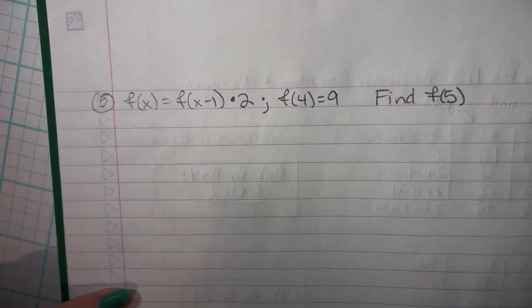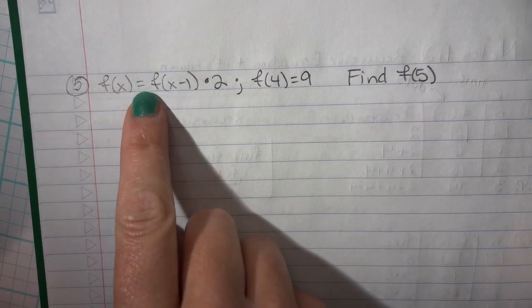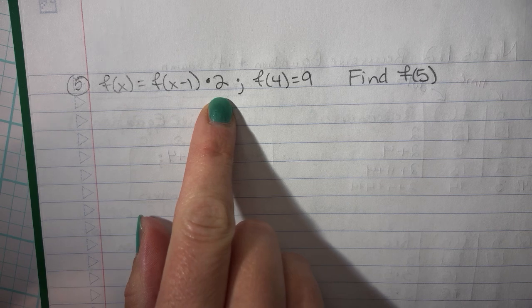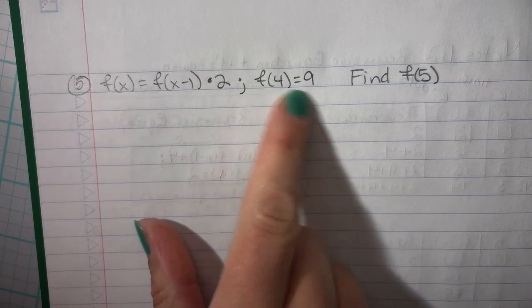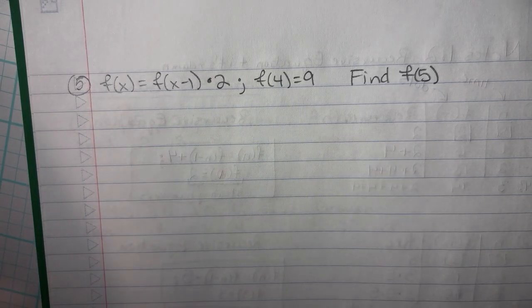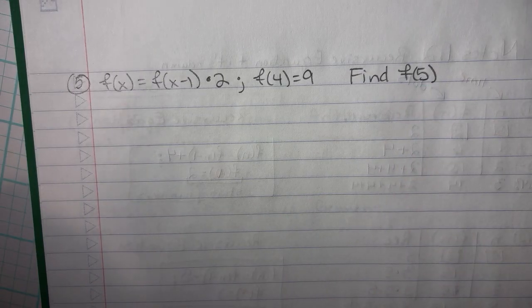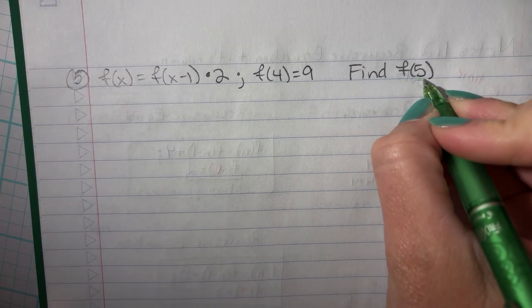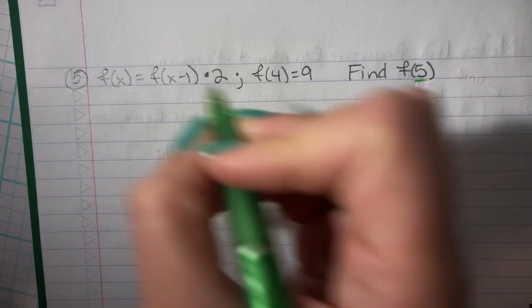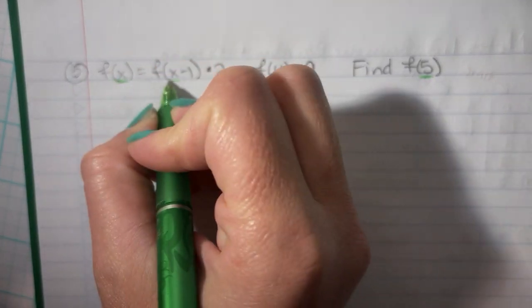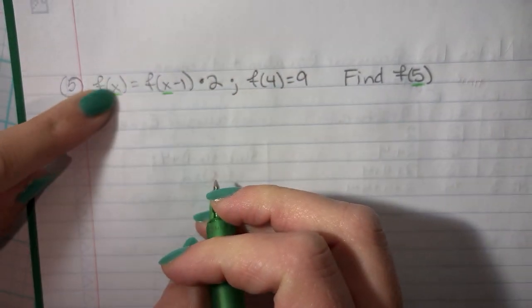One more, I'll do this a little bit faster. We have f of x equals f of x minus 1 times 2, given f of 4 equals 9. We are going to find f of 5. So once again, this 5 right here is going to replace these x's that are going on.